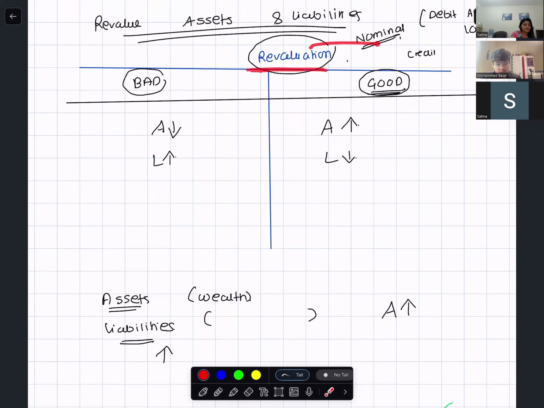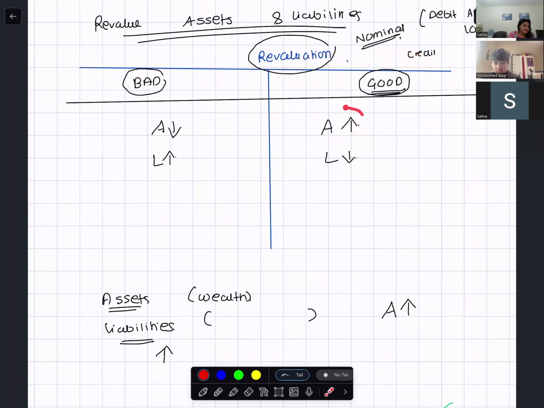It is appearing on the revaluation account, which side? Credit side. So if the value of the asset is going up, the revaluation account is credited, so the asset is debited.